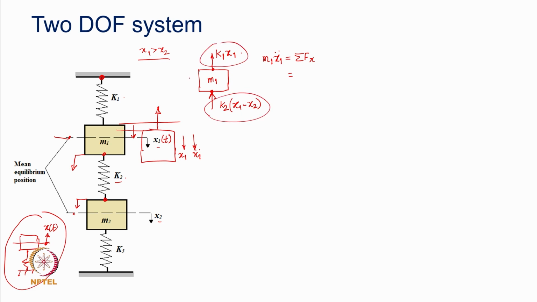And mind you, the acceleration is downward here. So, in that direction, what are the forces acting on this mass in the direction of acceleration? Minus k1 x1, please make a note, this is acting upward, and then minus k2 into x1 minus x2.